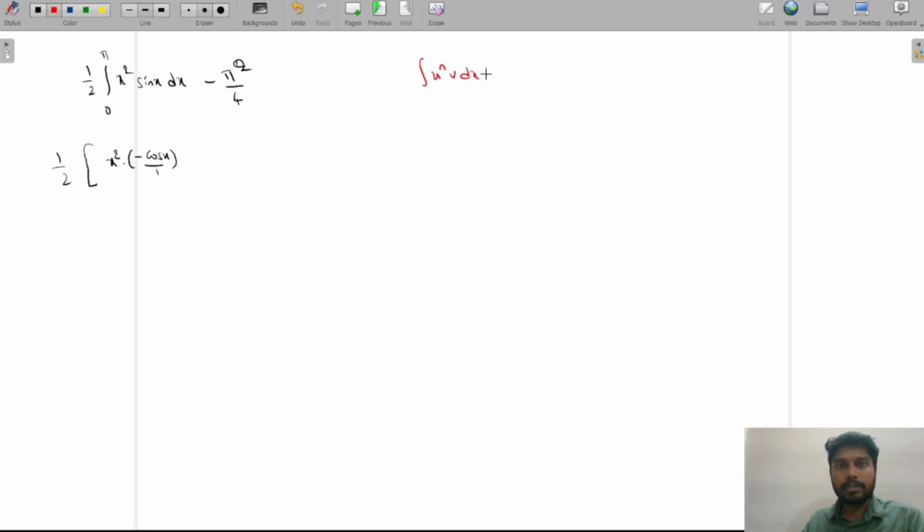Integration of u power n into v dx equal to u v1 minus u dash v double 1 plus u double dash v triple 1 minus and so on. So I'm using this formula, u constant, v integration, minus u one time differentiation; u means x square. So if x square is differentiated, then it becomes 2x into v 2 times integration.